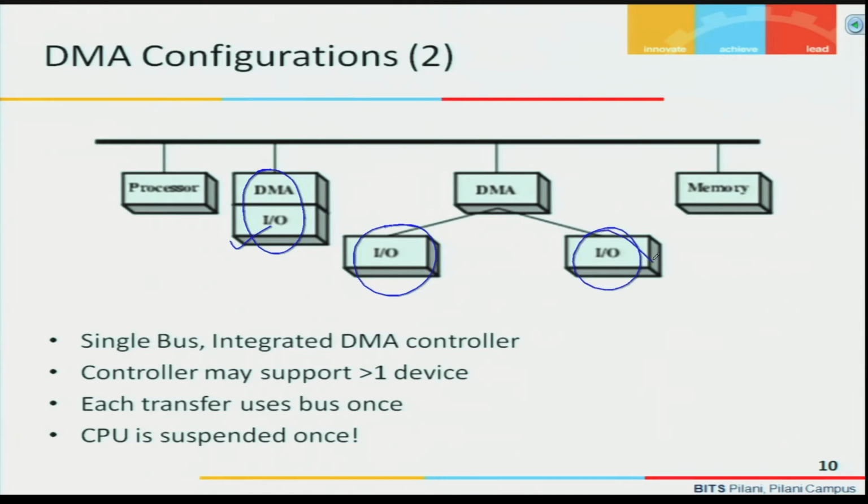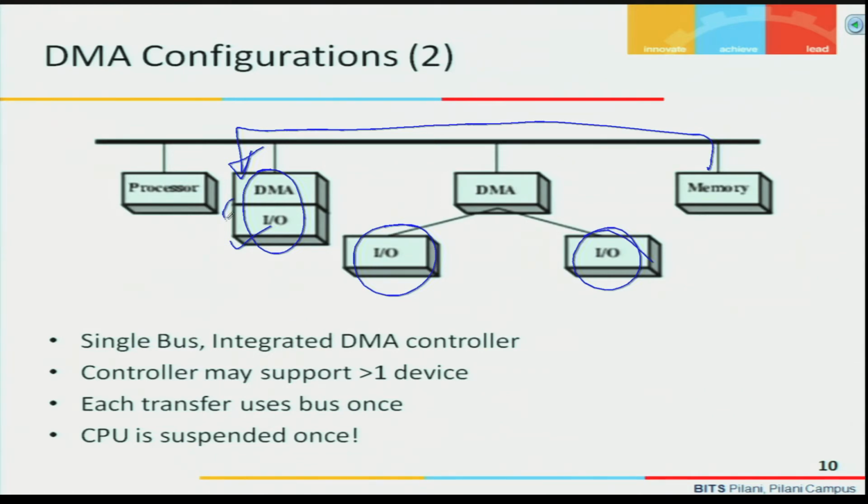In this case, let us say some data has to be transferred from memory to IO. In each transfer, for memory to IO, the DMA will occupy the bus and the transfer will happen either in cycle stealing mode or burst mode.